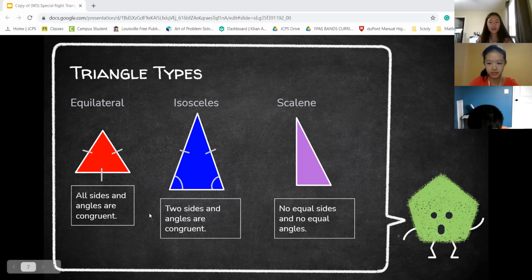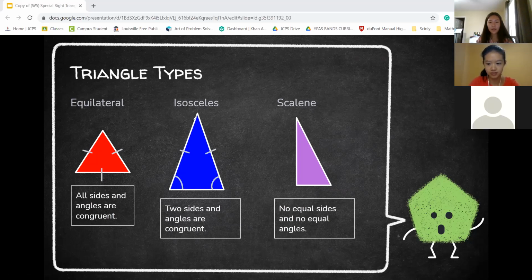It can't be this angle and this angle that are the same; it has to be these two. And the last one is the scalene triangle, which has no equal sides and no equal angles.